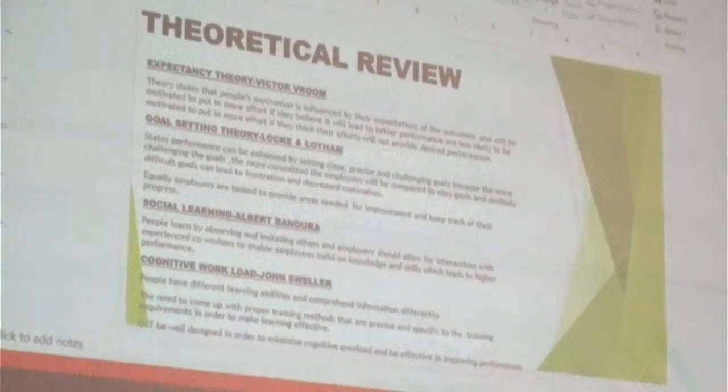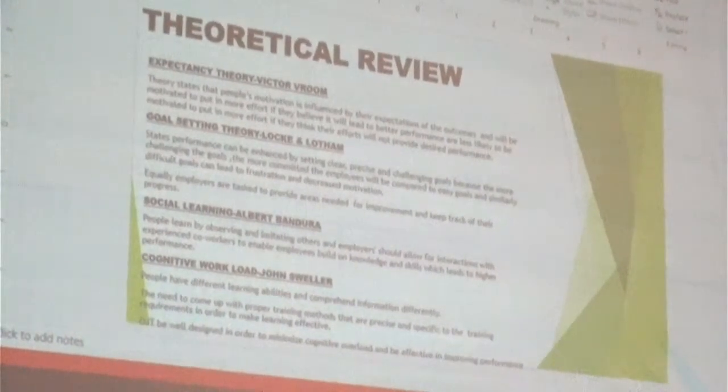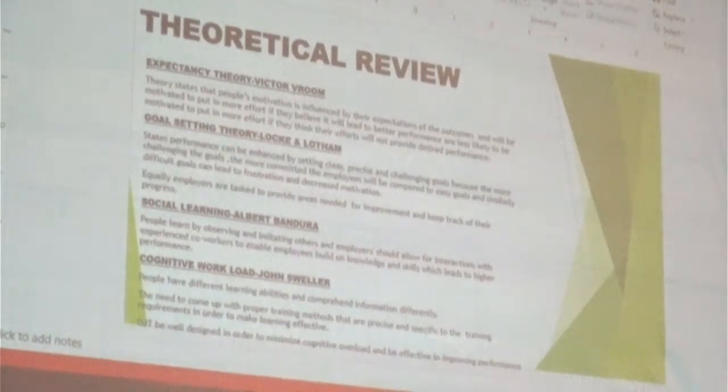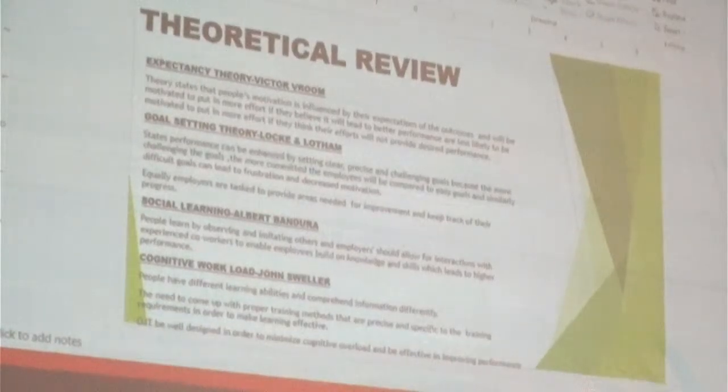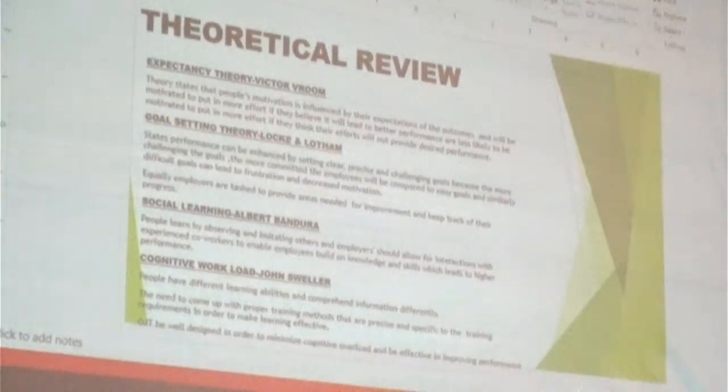Second is goal-setting theory by Locke and Latham. It says that performance can be enhanced by setting clear, precise, and challenging goals. This is because employees tend to be more motivated when the goals are challenging compared to when you give them easy goals.